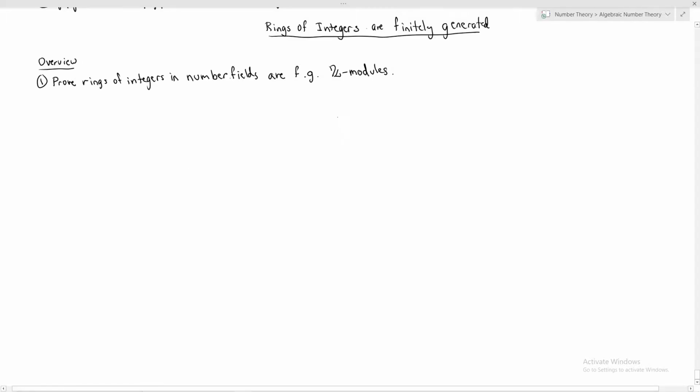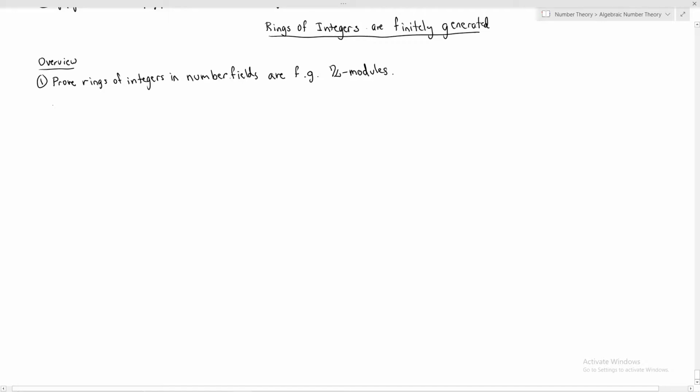Maybe this is kind of obvious. A finitely generated Z-module is free if and only if it has no torsion, and if we know they're finitely generated, then the fact that they have no torsion is fairly clear, because in the integers there are no zero divisors.